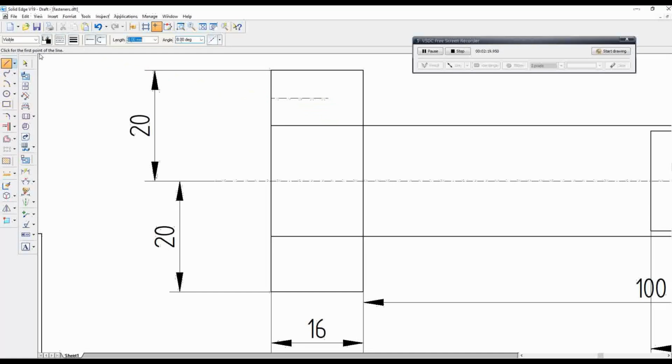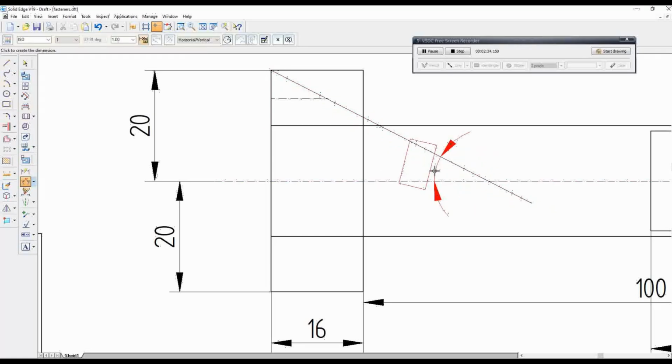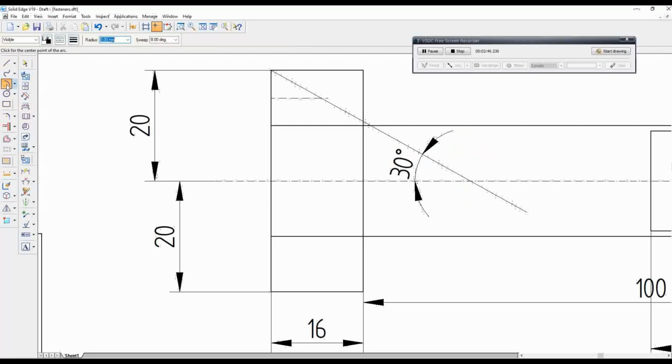Then I'm going to draw a line at an angle of 30 degree with respect to horizontal. This should be 30 degree. Yeah. Now I'm going to draw an arc. So this is the center.